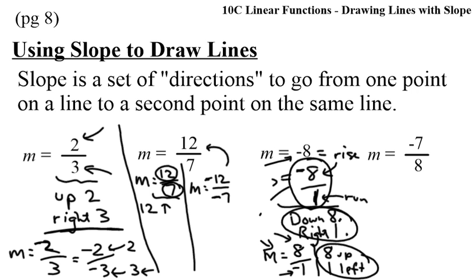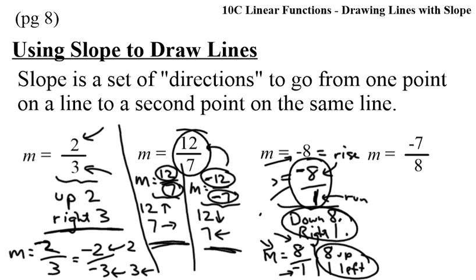This positive 7 is 7 to the right. Having the slope written the same way is another way to get directions. What does my negative 12 rise say? That'll be 12 down. What does my negative 7 run say? That'll be 7 to the left. 2 sets of directions for that slope.